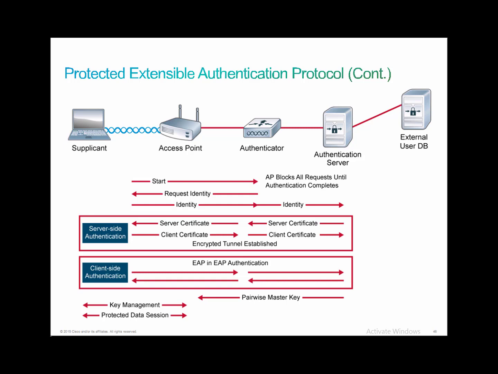So this is a much more basic process in which we're generating this pairwise master key. I mean, we are generating this pairwise master key, but the supplicant is not sending a certificate to the server, right? I think the diagram they have here is incorrect.